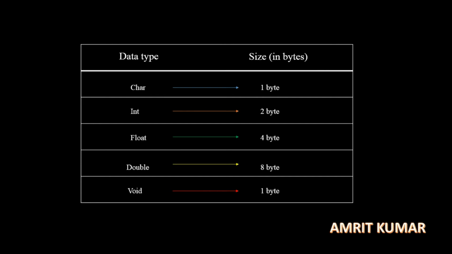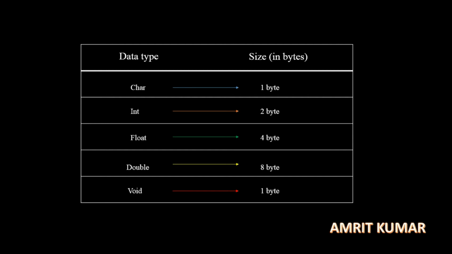If we are using a 32-bit system, then the size of a data type might change, and if we are using a 64-bit system, then the size of the data type might change. This is how data are arranged in the C language.